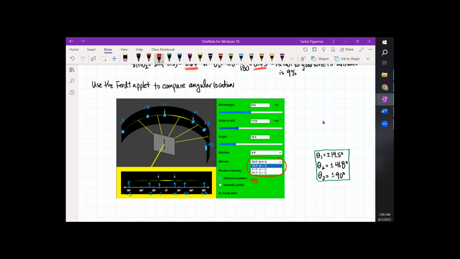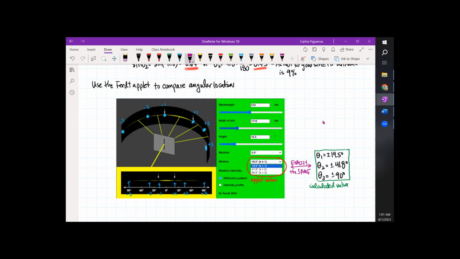applet values. And then over here, these are our calculated values. And you could see that as we compare these two, they're exactly the same.